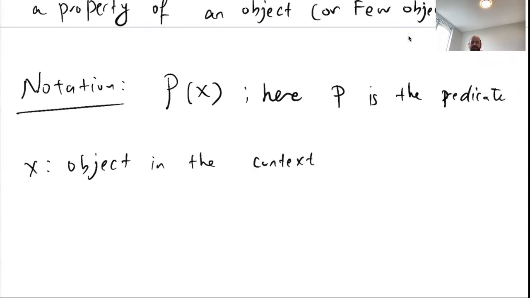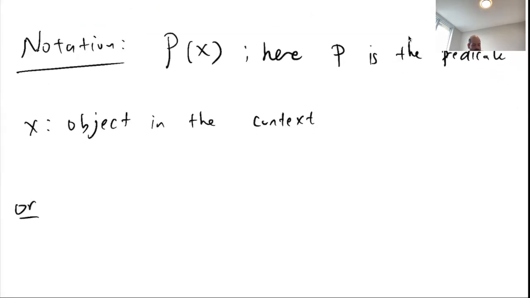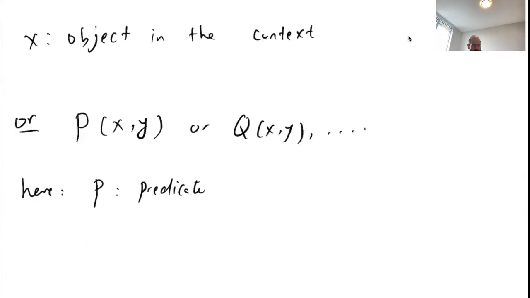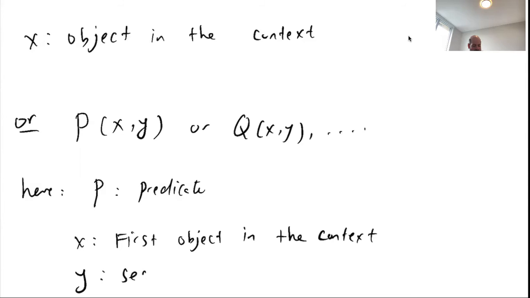Or let's say it's about a property of two objects or two numbers or two people, we could have, let's say, P of X and Y or Q of X and Y. So here, again, P would be the predicate, X would be, for example, the first object in the context, Y would be the second object in the context, and so on.